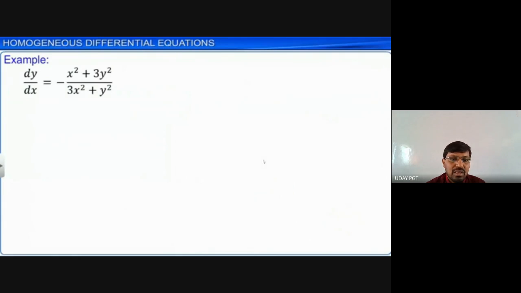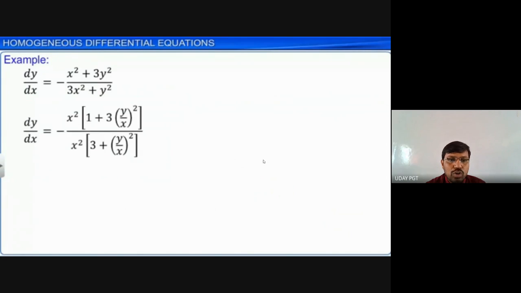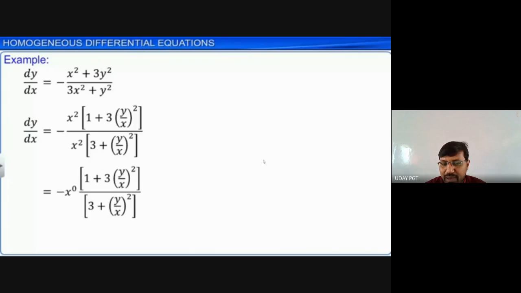This example will give you a clear idea regarding the homogeneous differential equation. How do we get it? When you take x square common in both numerator and denominator, we get x power 0 and a function of y by x. Yes, now this is a homogeneous differential equation. To solve it, we take y equals vx.